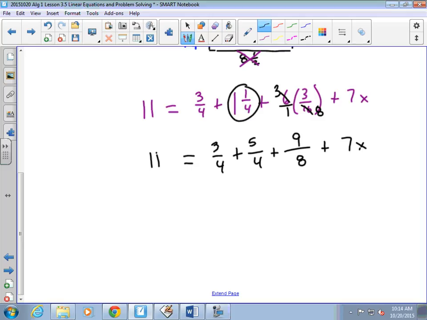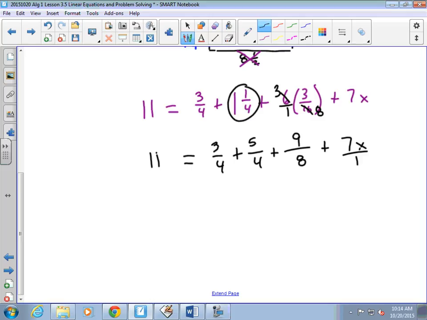What is the least common denominator of 4, 8, and 1? Remember, least common denominators are not numbers that go into them. It's numbers that they go into. 8, always try the biggest one. 4 goes into 8, and so does 1.